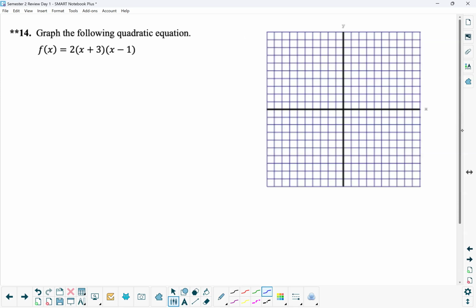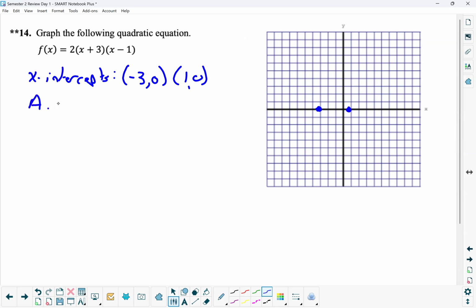Graphing in this form, I would first graph my x-intercepts. (-3, 0) and (1, 0). My axis of symmetry is x equals negative 3 plus 1 divided by 2, which is negative 2 divided by 2, negative 1.